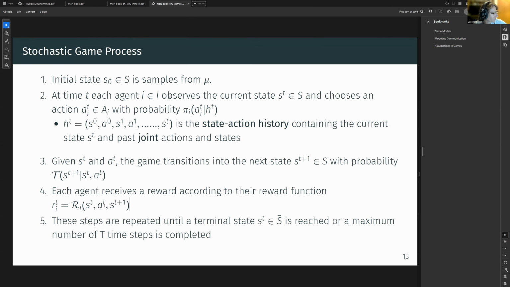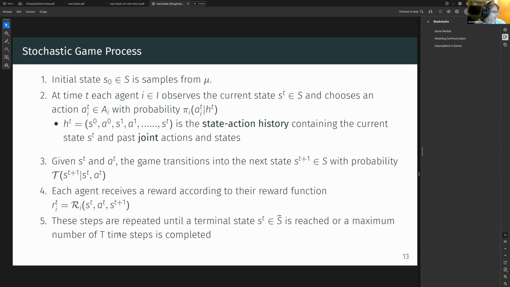This is because you could have games where, given the same state-action pair, there are different reward outcomes that may depend on the state it ends up in. Sometimes this is not true and it only depends on the state-action pair, and that might make the problem simpler. But in the most general case, it can depend on all three of these things.